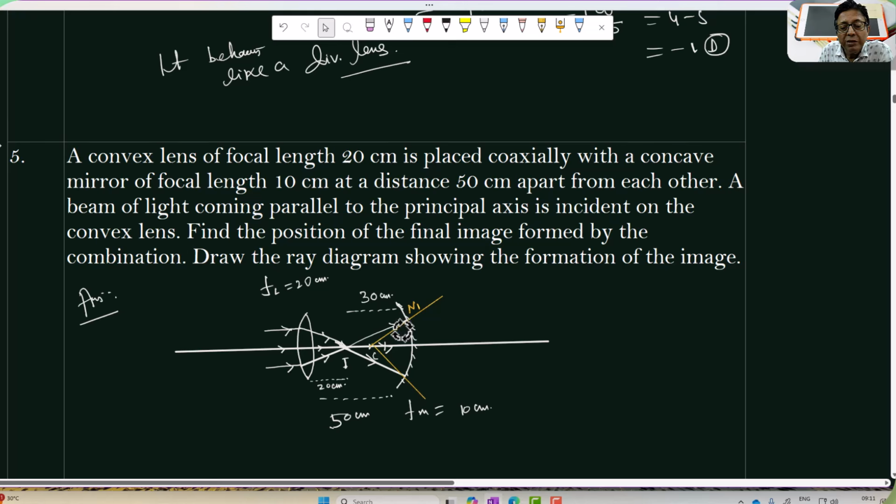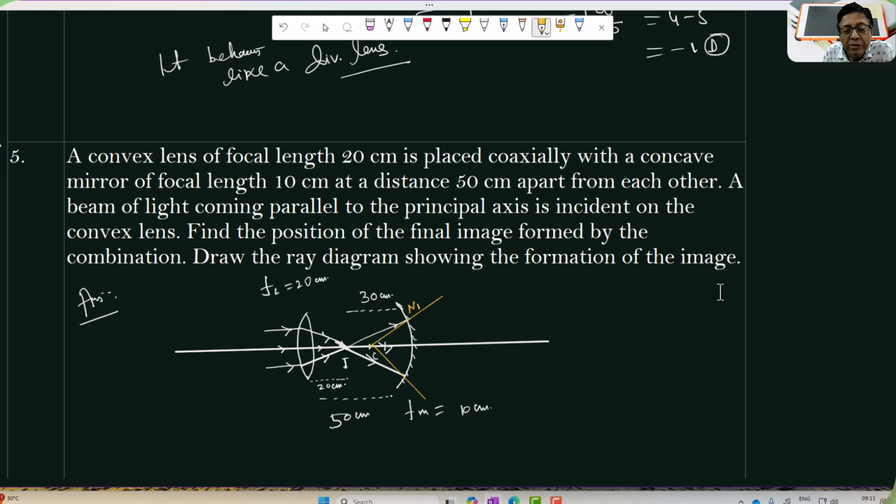Just a minute. It's okay. Now, this is the direction of normal N2. After this, it will bend away from the normal or towards. This will follow the law of reflection, no?